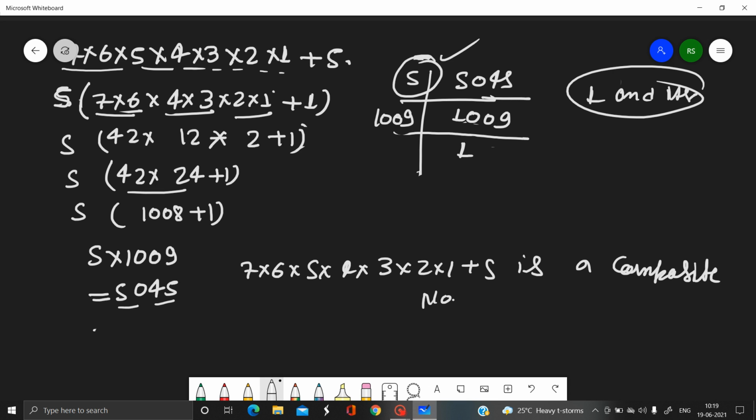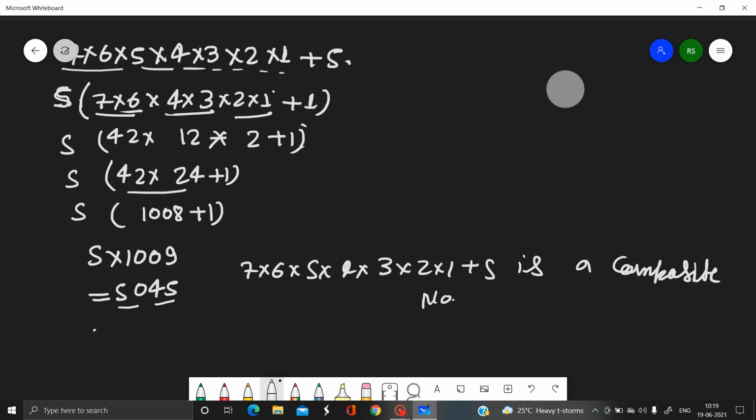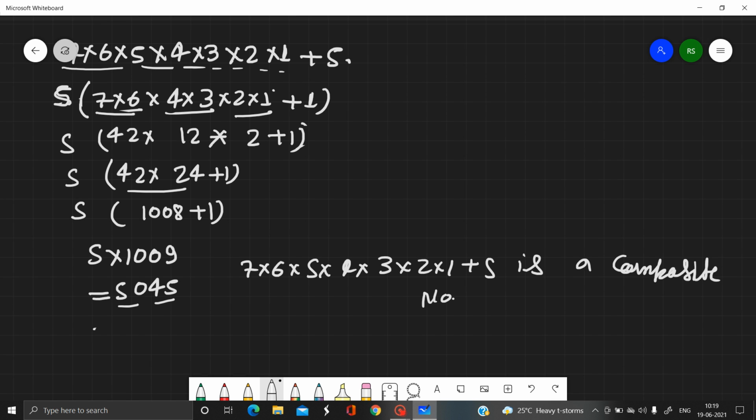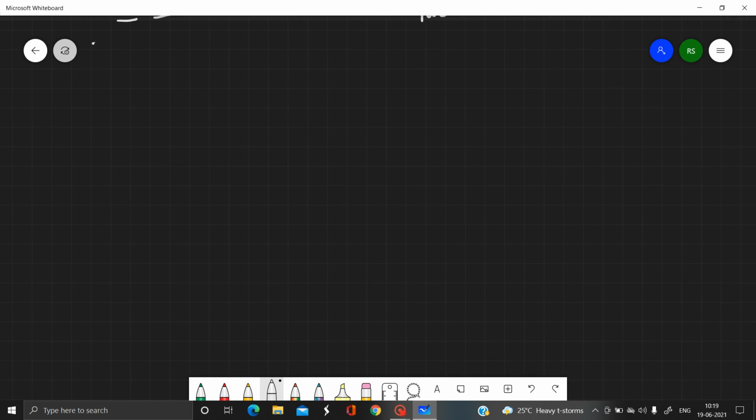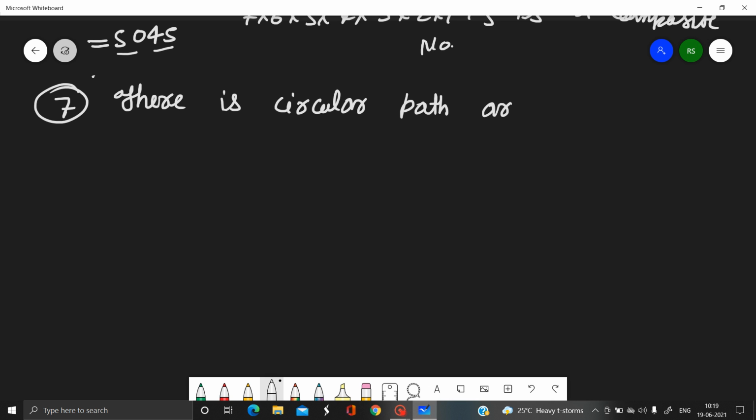Now comes the next question, which is the last question of this exercise, question number 7. Now come to the question number 7. Question number 7 is saying: there is a circular path around a sport field.